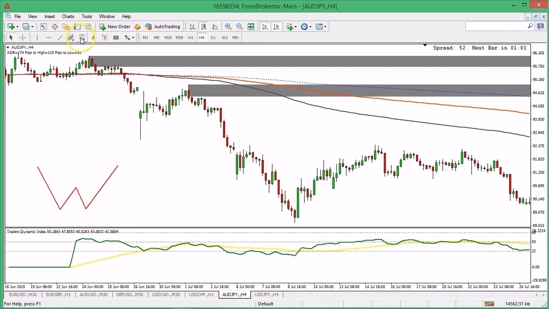Look for this structure, and you would look for a reversal pattern on the second leg of the double bottom. Okay, so it would be the same thing to the upside. If you see a double top, ideally you would look for a reversal pattern on the second leg of the double top. Same thing with triple tops. You would look for a reversal pattern on either the second leg or the third leg.